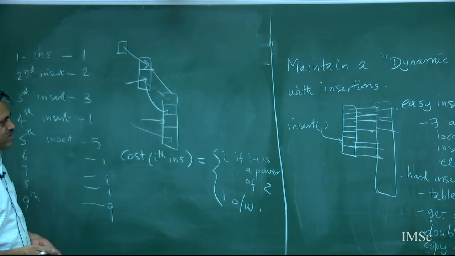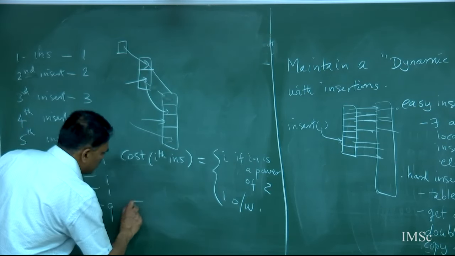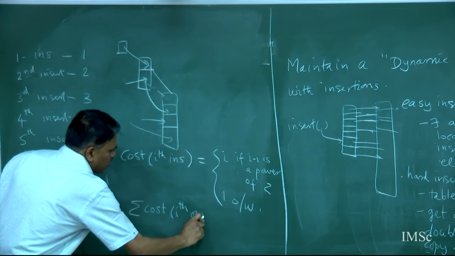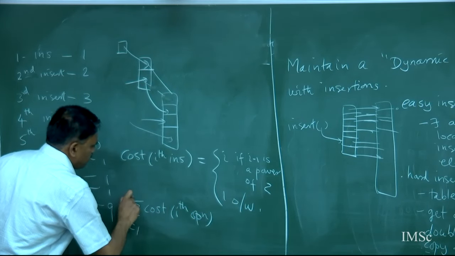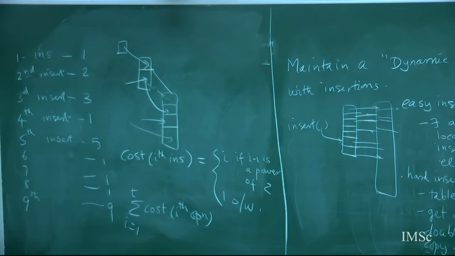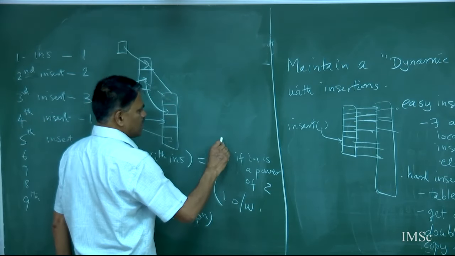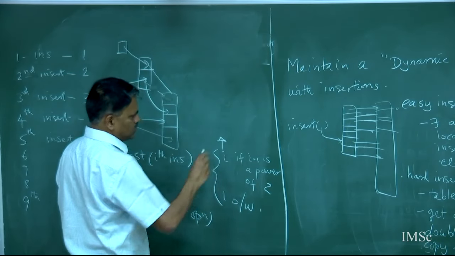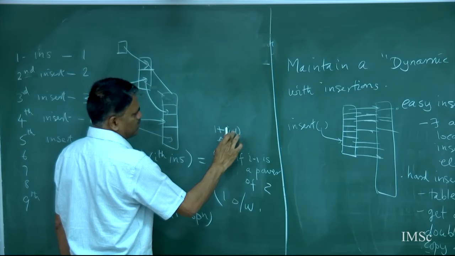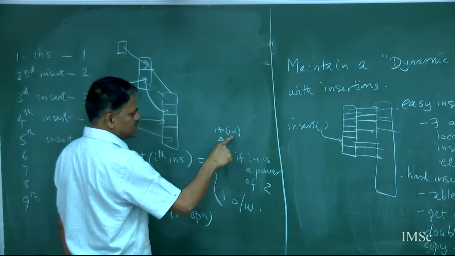So if I'm doing t insertions, I can write this as 1 plus i minus 1, where i minus 1 is the power of 2.